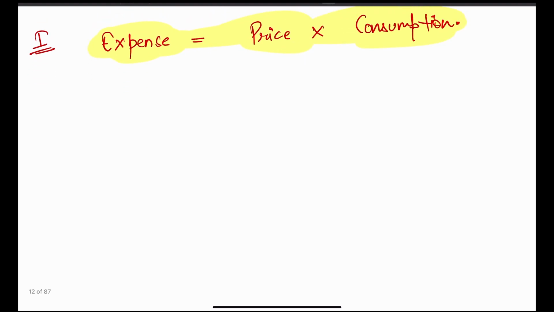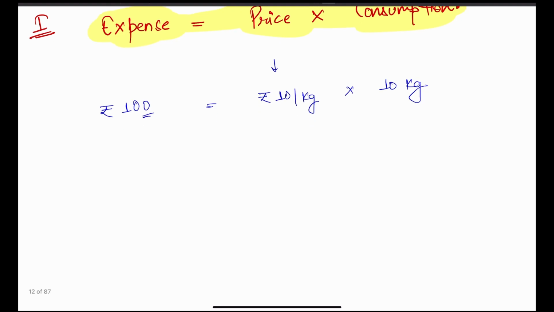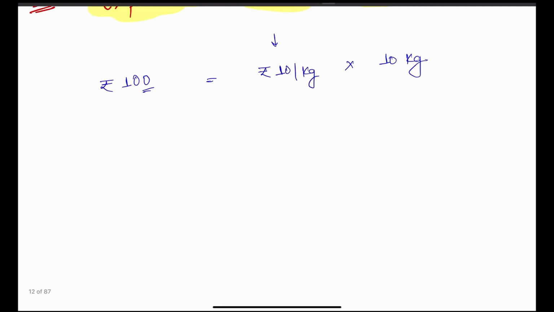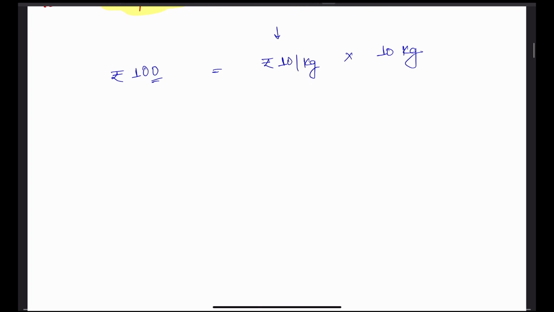If a commodity is priced at, suppose, 10 rupees per kg and I consume 10 kg, my expense will be 100 rupees. It is just a normal multiplication. But instead of taking 10 here, let's take 20 kg. My consumption is 20 kg, so the money expended is 200.